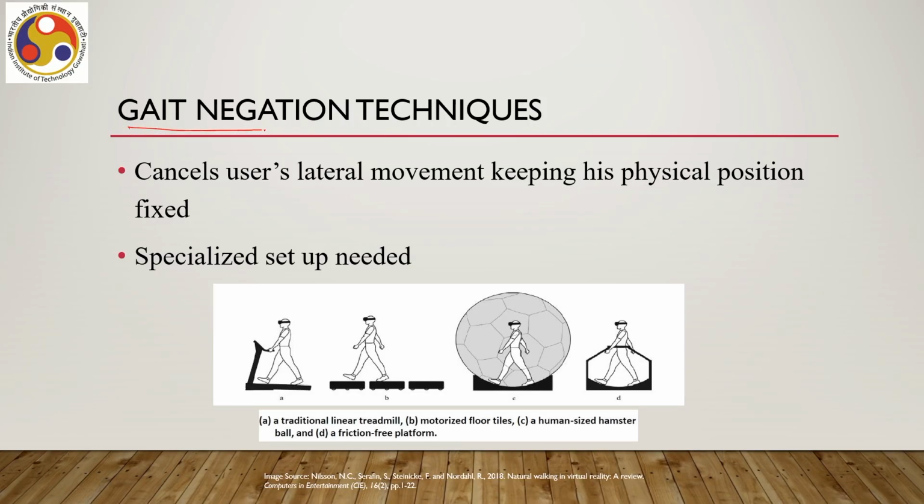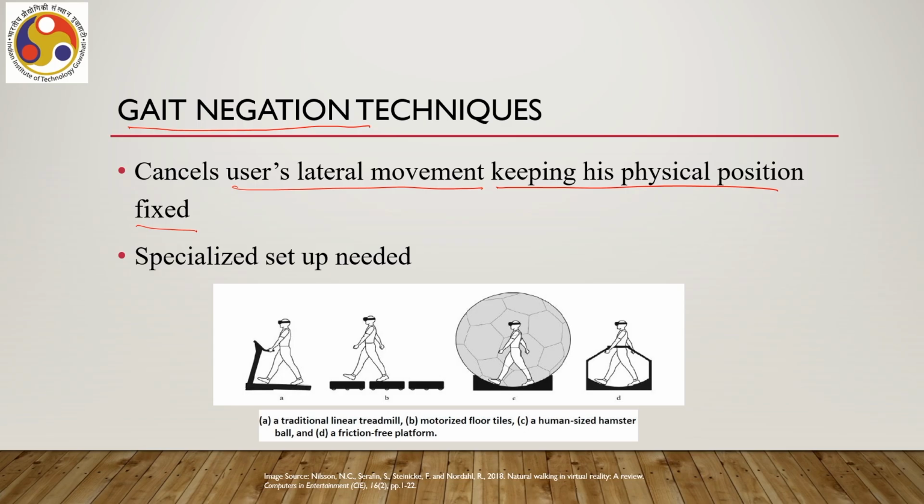Now, in case of gait negation technique, even more specialized setup is required, because in such a technique the user's lateral movements are cancelled due to the specialized setup used, keeping his physical position fixed.